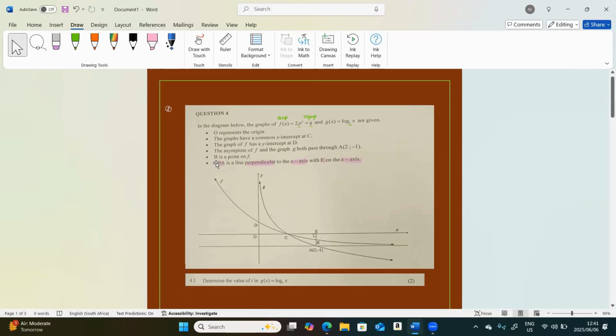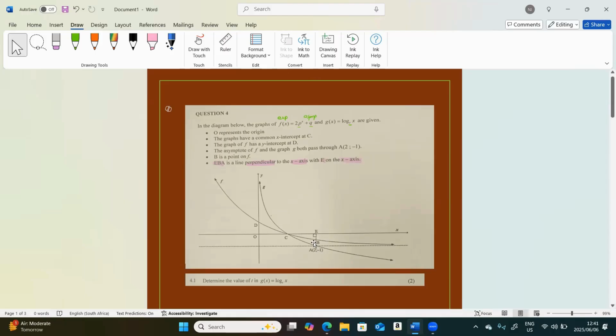So E, B, and A are all coordinates, and when you link them, it forms a line. So there is E on the x-axis. When you go down, you would find B. When you go down, there is A. So when we connect EBA, it forms a straight line, and they tell you that this line is perpendicular to the x-axis. Okay, there they draw you the 90-degree angle, which reminds you that this line is perpendicular.